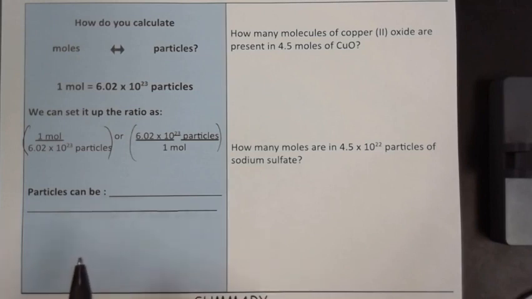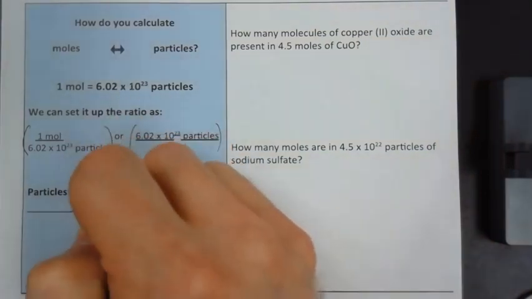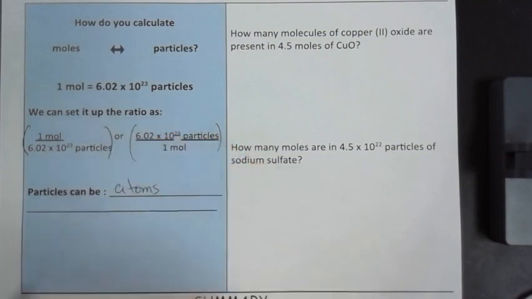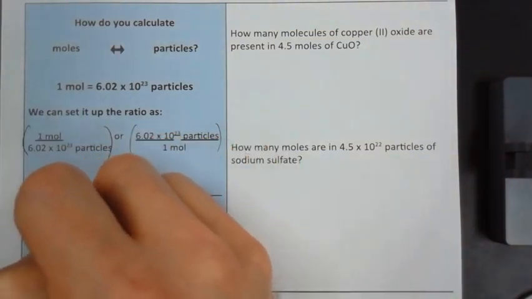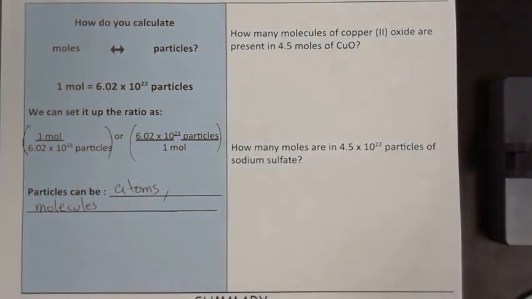There's a lot of different things that make up the insect group. So particles can be representing anything like atoms, or we can also say that they could represent molecules. Okay. So that term particle is just referring to something that's really small or really tiny.